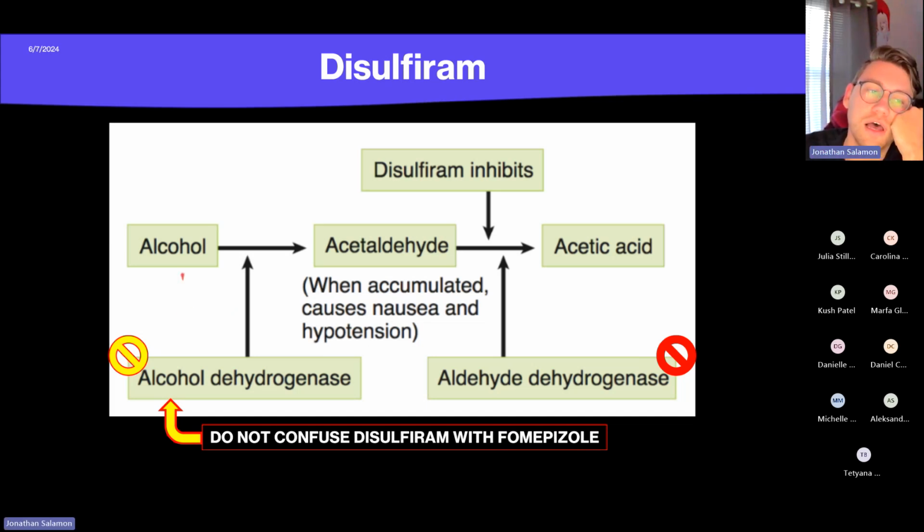Antifreeze. So alcohol dehydrogenase breaks down alcohol into acetaldehyde, but alcohol dehydrogenase also breaks down ethylene glycol, which is the toxin in antifreeze, into its toxic components. So you treat antifreeze poisoning with alcohol dehydrogenase inhibitors. What you can also do is you can just get them drunk.